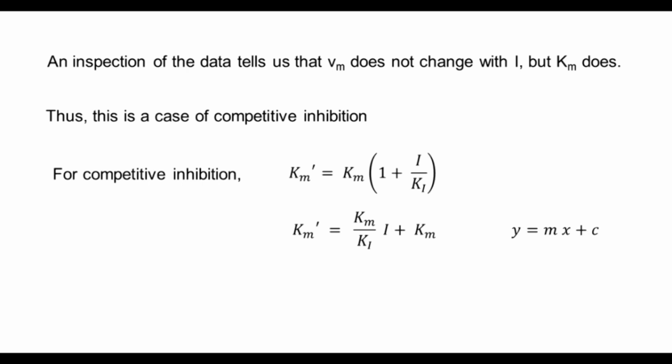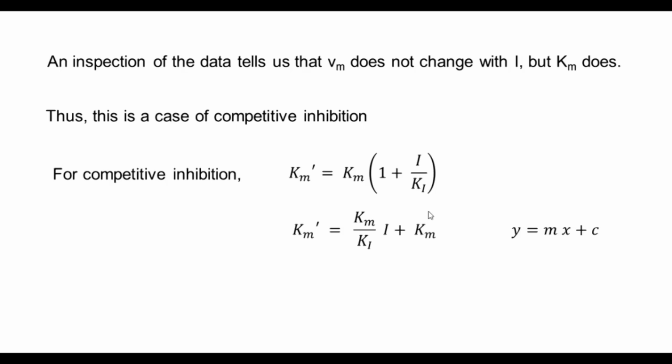If you're using a data point which happened to be incorrect, then the errors would be large in the estimates. That's the reason why we need to use the entire set of data whenever we have data to work with. And we are trying to use the entire set of data to find the inhibition constant. To do that, I'm looking at this in a y equals mx plus c form. Km dash is y, I is x, and the slope in that case is Km by Ki, and the intercept is Km.